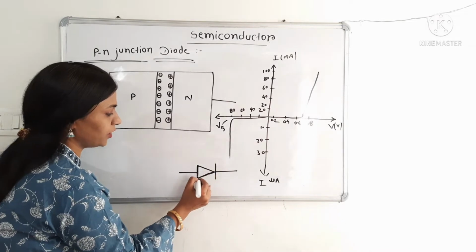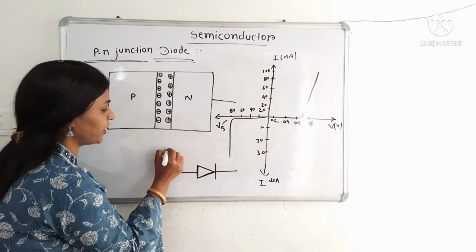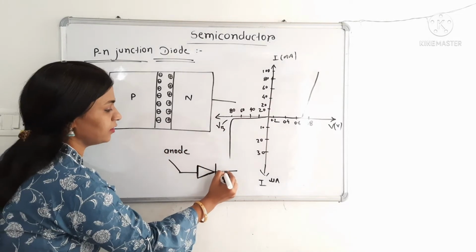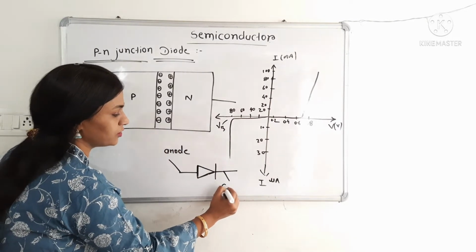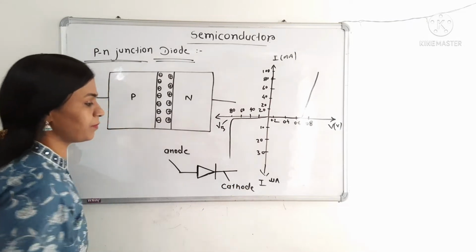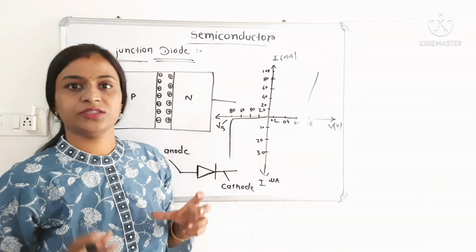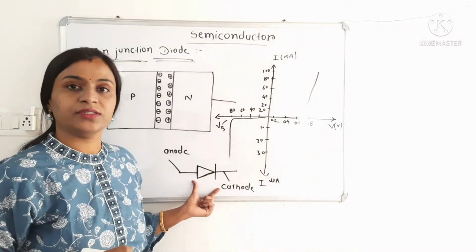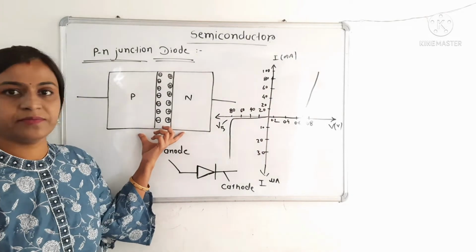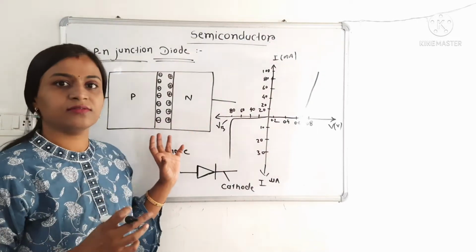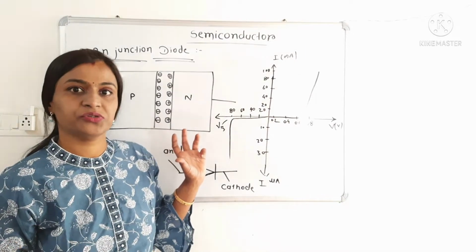It has two terminals. One terminal is known as anode, this is the positive terminal, and this is the negative terminal, known as cathode. This PN junction is designed from P-type and N-type semiconductor. When the PN junction is designed, it is used in the PN junction diode.